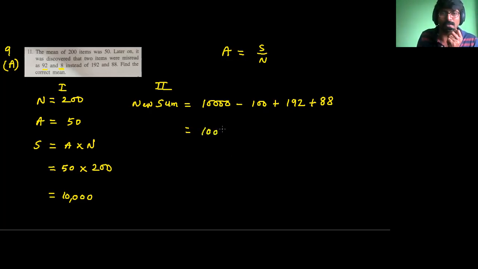So 10,000 minus 100 plus 192 plus 88. I'm just following basic integer rules. Negative 100, positive 192, it will become just 92, isn't it? And 92 plus 88 will become 180.